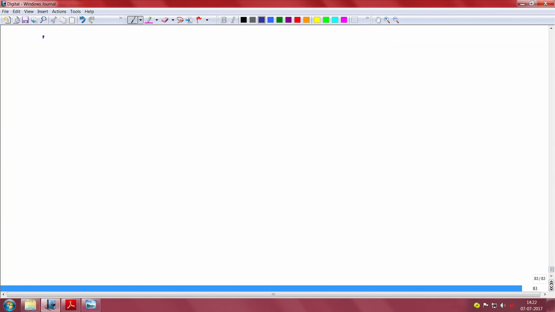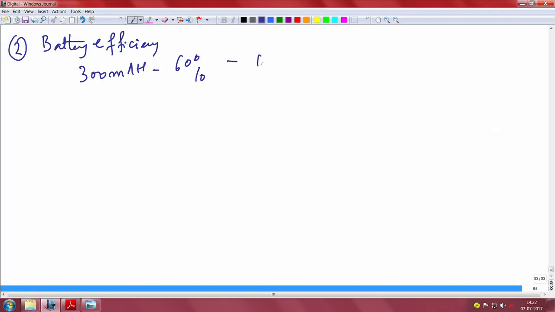Second part is battery efficiency. Again we have to go back and find out battery efficiency, right. We also did a definition of the battery efficiency and all that. If you take a 300 milliampere hour battery, 60% efficiency means it is actually a 180 milliampere hour battery, that is the reality, right.